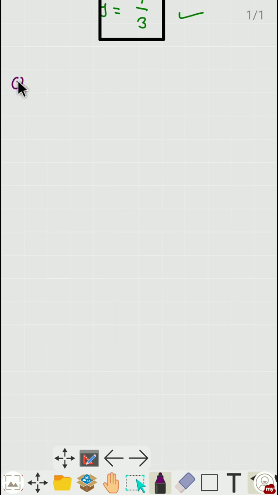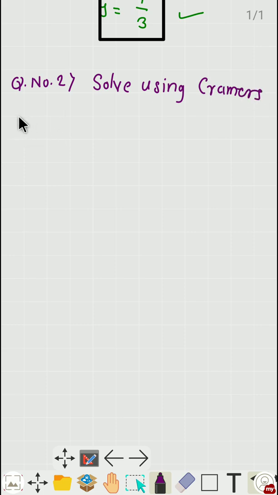Question number 2. Solve using Cramer's rule. The system of linear equations given to you is: first equation is x plus y plus z is equal to 6.